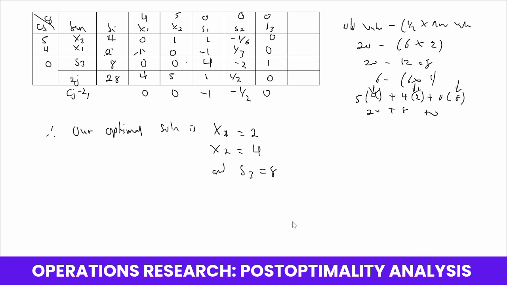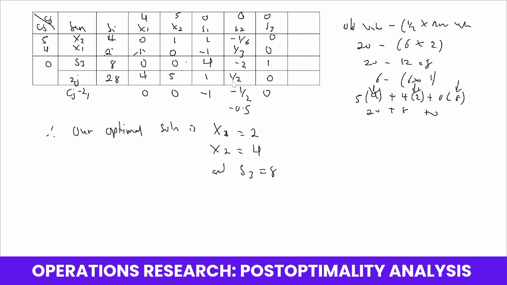So you can see the CJ values under S1 and S2. We have S1 to be minus 1 and then S2 to be minus 1 on 2. This is the same as minus 0.5.